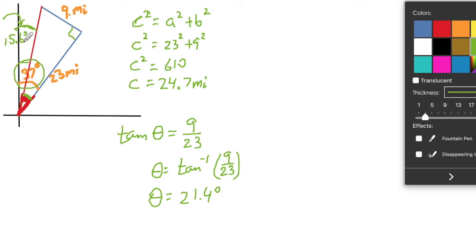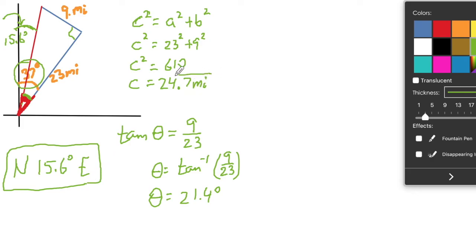And that's going to be our bearing degree. So we're still heading north, and we're still traveling a little bit to the east. So our heading will be north, capital N, 15.6 degrees east. So here's his heading, and here's how many miles he has to travel to get to the carrier at this point. And that's it.